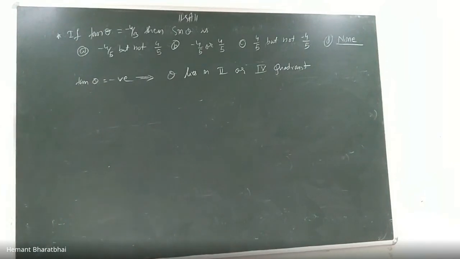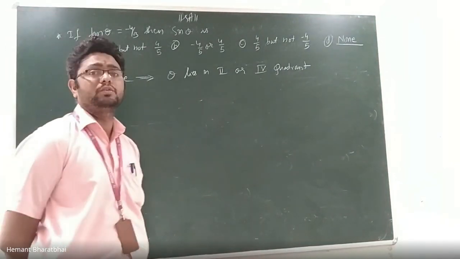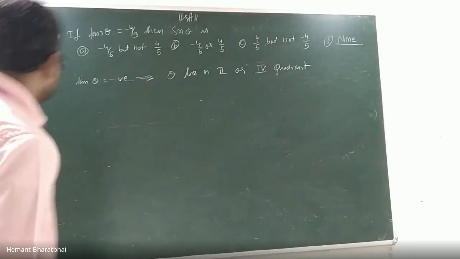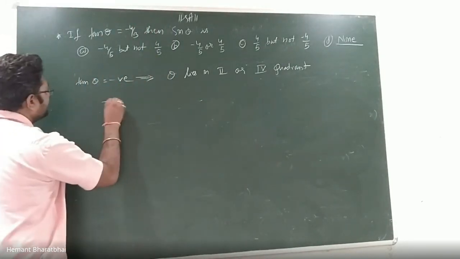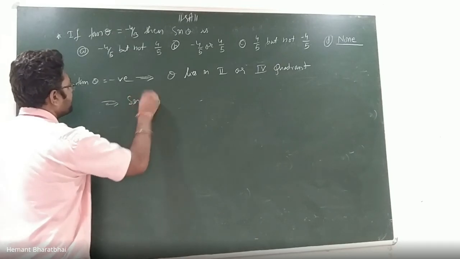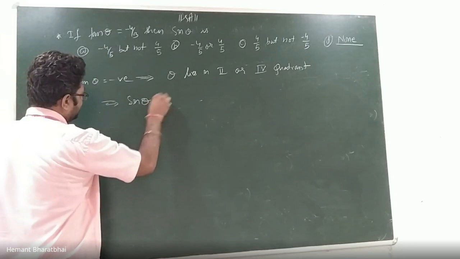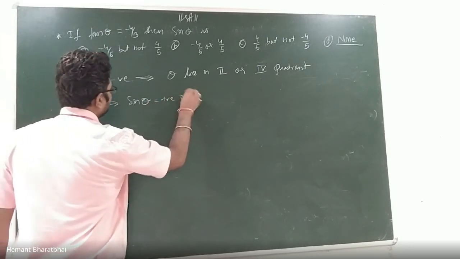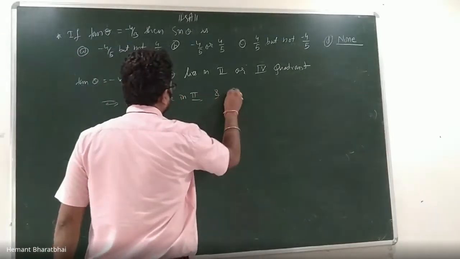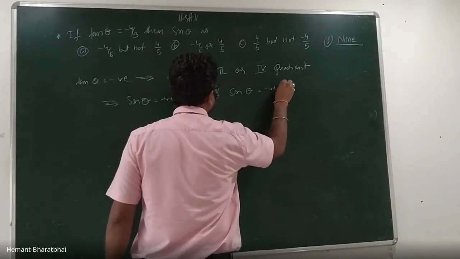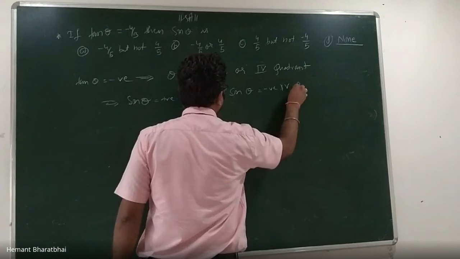It is negative only in the second and fourth quadrants. So my theta lies in the second and fourth quadrant. This implies sin of theta is positive in the second quadrant, and sin of theta is negative in the fourth quadrant.